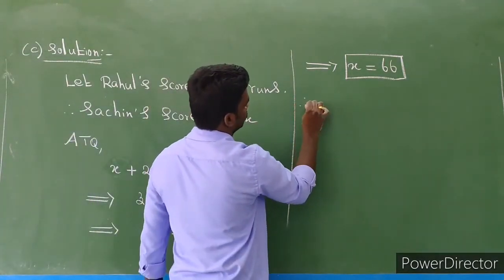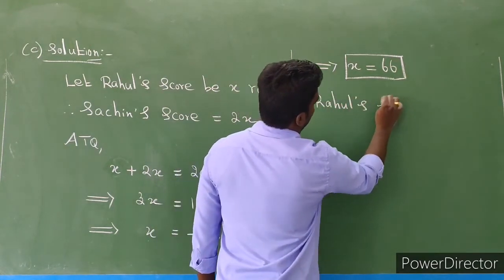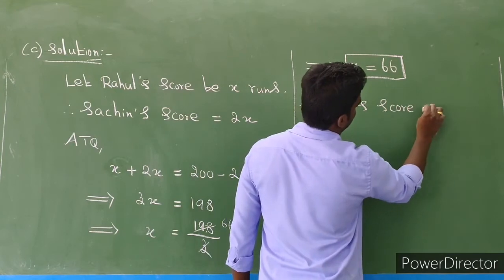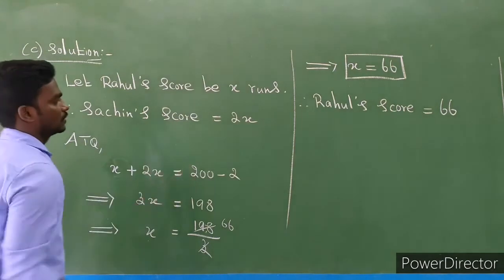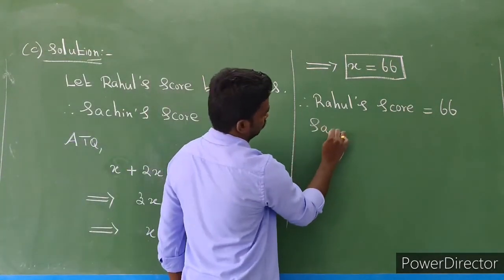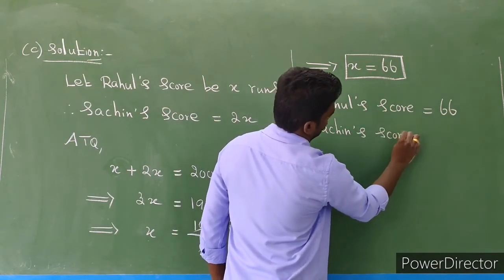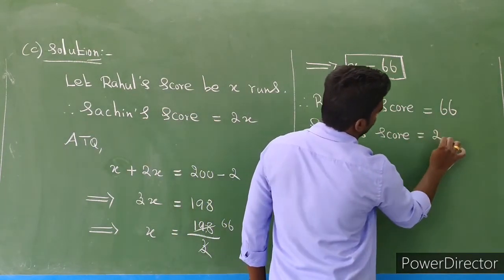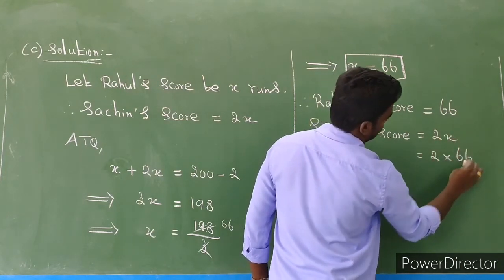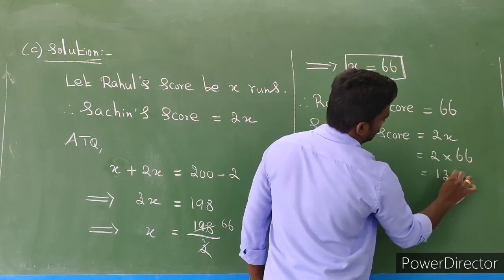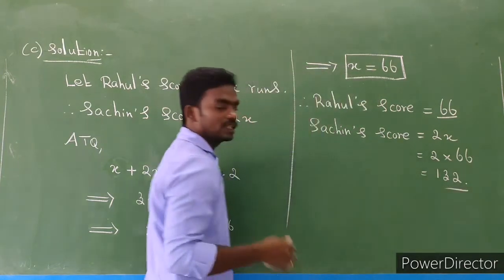Therefore, Rahul's score is 66 and Sachin's score is 2x, which is 2 multiplied by 66, which is equal to 132. Therefore, Rahul's score is 66 and Sachin's score is 132.